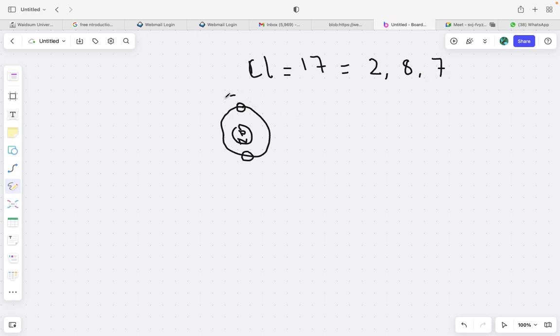But the third shell, does it have up to 8? It's looking for 1. Having 8 makes it stable. So this one has 1, 2 in the first shell, the second shell is 8: 3, 4, 5, 6, 7, 8.